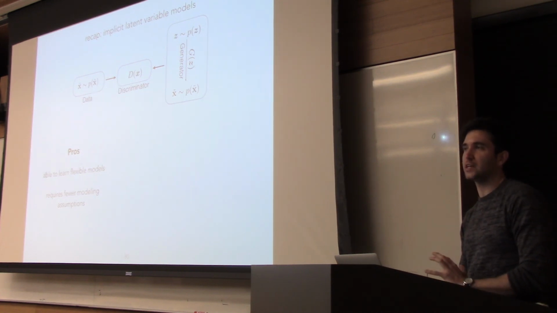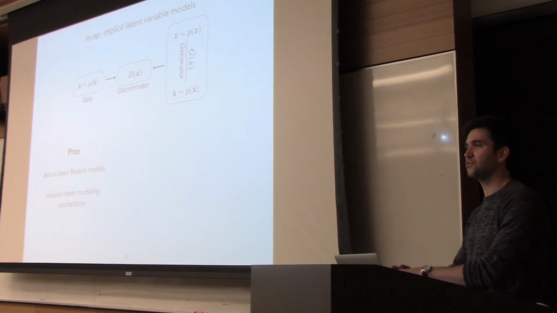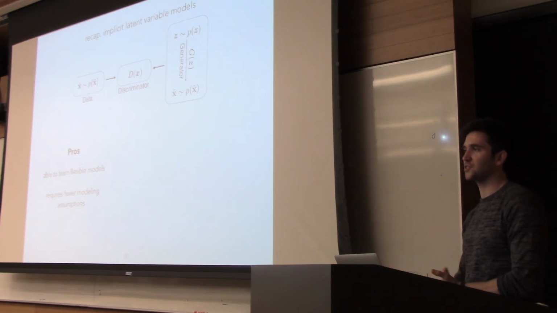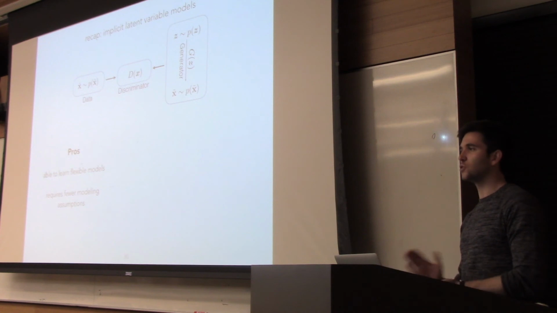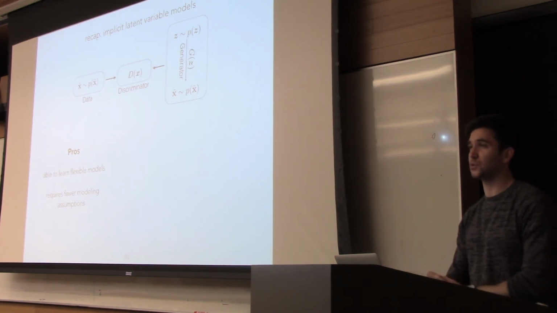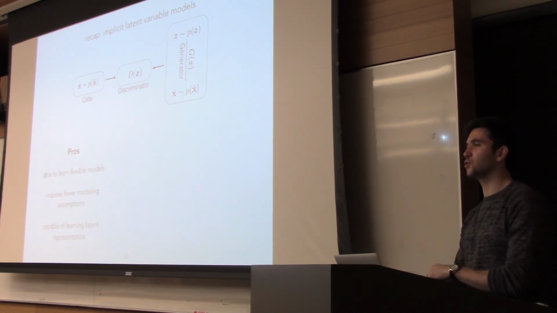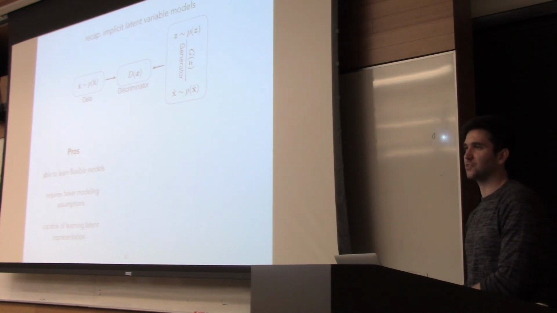You need fewer modeling assumptions because you leave it to the model itself and to the discriminator to figure out what is a good sample or not. So you're actually learning some components that previously we were just hard coding. And you are able to learn latent representations with these models that you can then use for semi-supervised learning and things later on downstream.